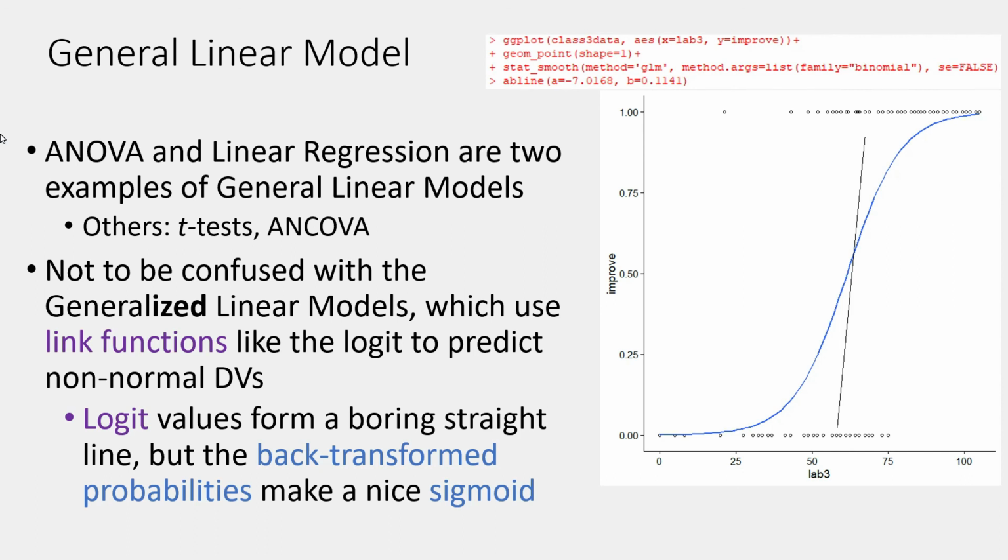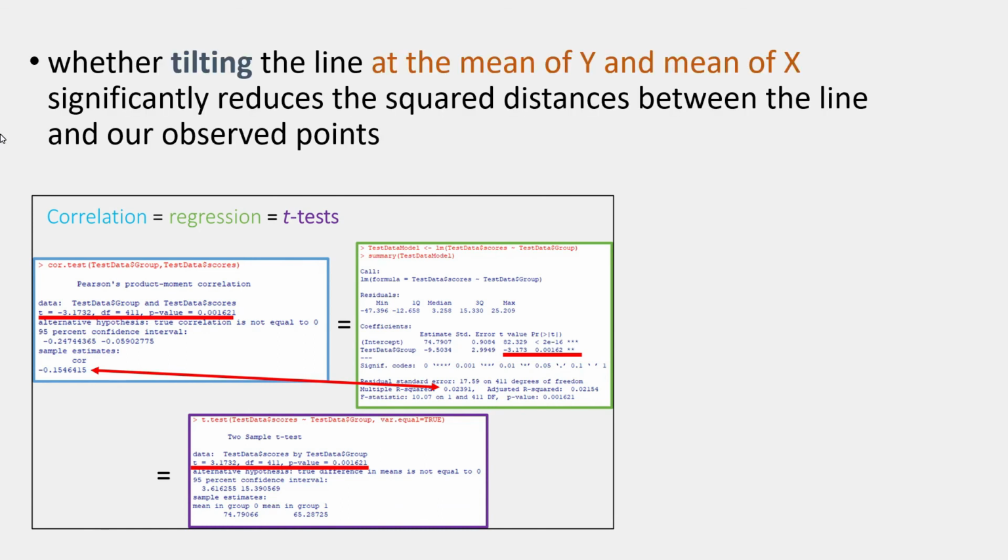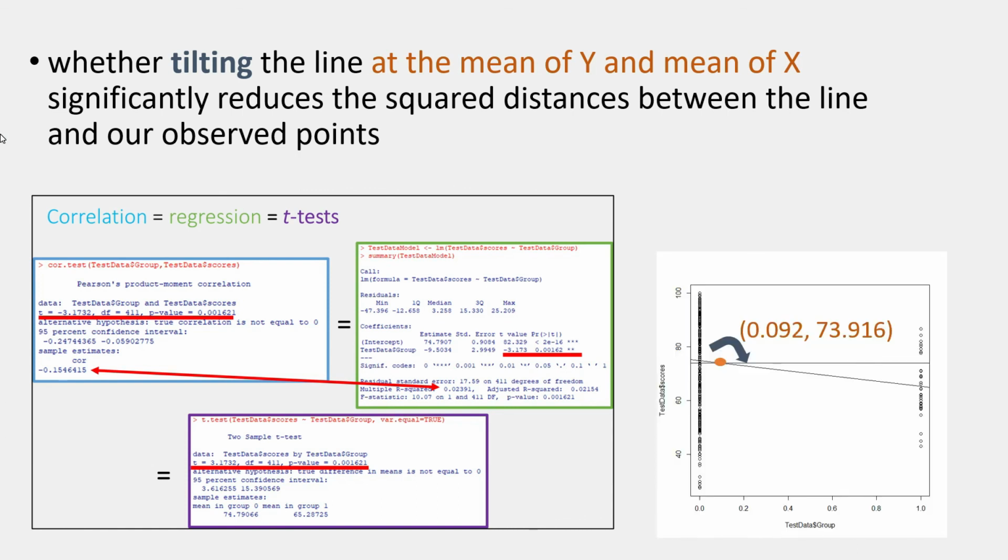Much of advanced statistics is getting the general linear model to do things you wouldn't think you could do with a straight line. In visual terms, everything is just a test of whether and how much tilting the line at the mean of y and mean of x significantly reduces the squared distances between the line and our observed points.